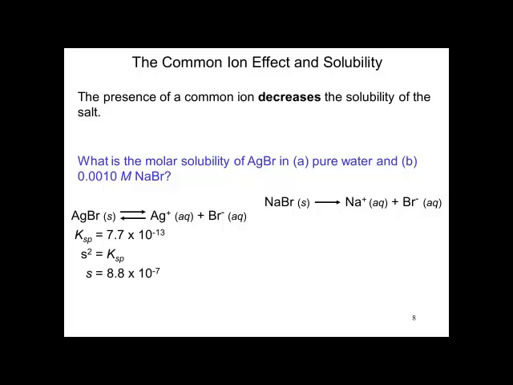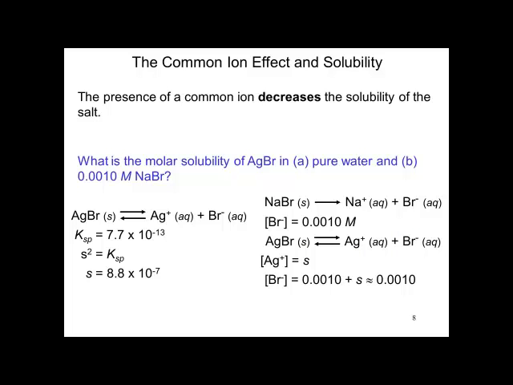If we add the sodium bromide, we get a common ion. We get sodium ion and bromide ion. The bromide ion is 0.0010. Again, the same equilibrium. The shift will be towards the silver bromide. It'll decrease the solubility of the silver bromide. So the silver ion is going to be represented by S, but the bromide ion is going to be 0.001 plus S, which we can approximate as 0.001.